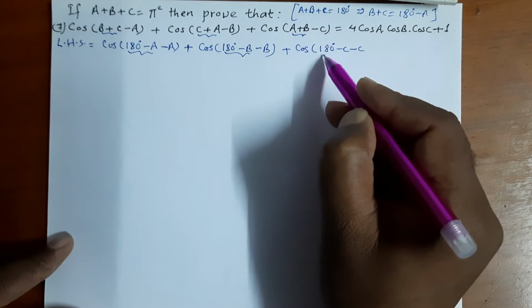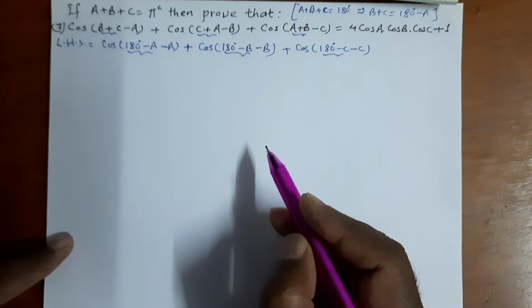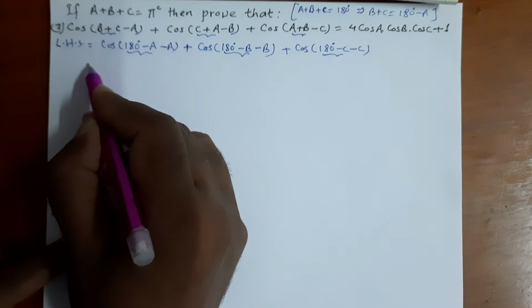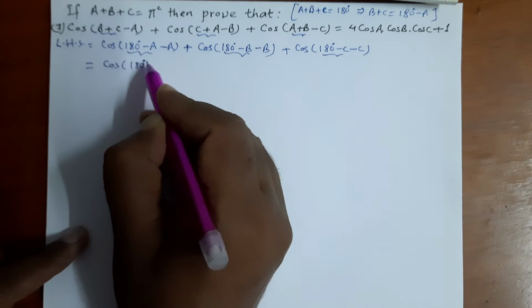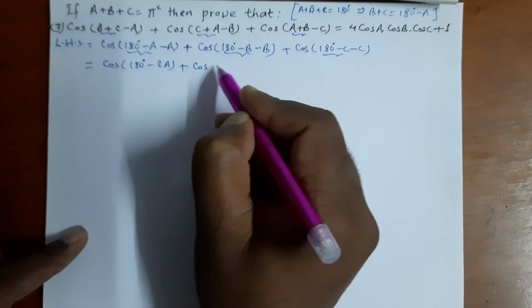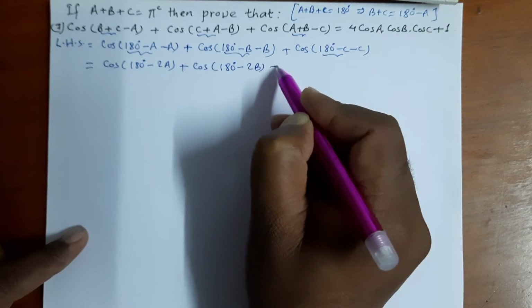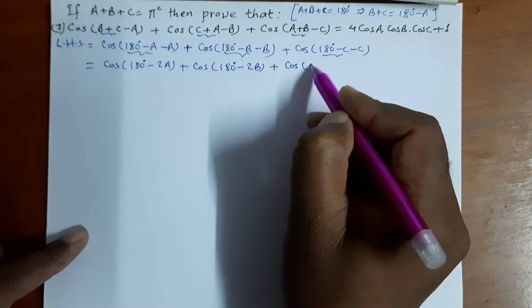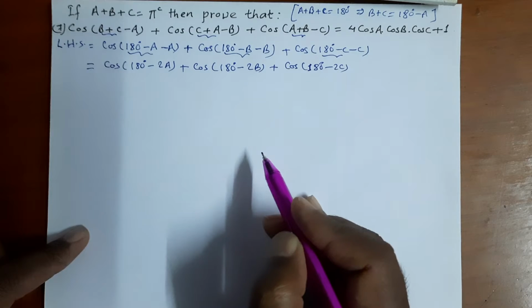So A plus B is 180 degree minus C, another C is already there. And now this equals, we can write, cos 180 degree minus 2A plus cos 180 degree minus 2B plus cos 180 degree minus 2C.